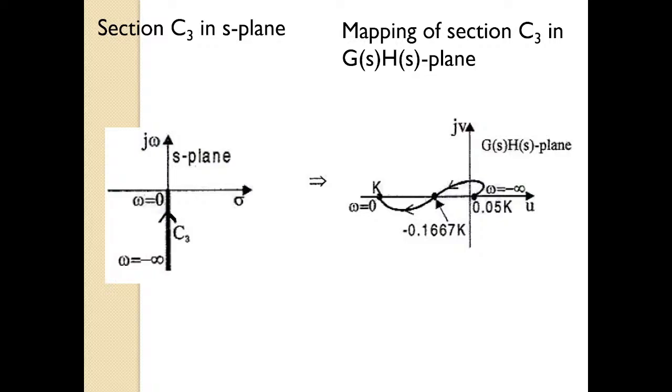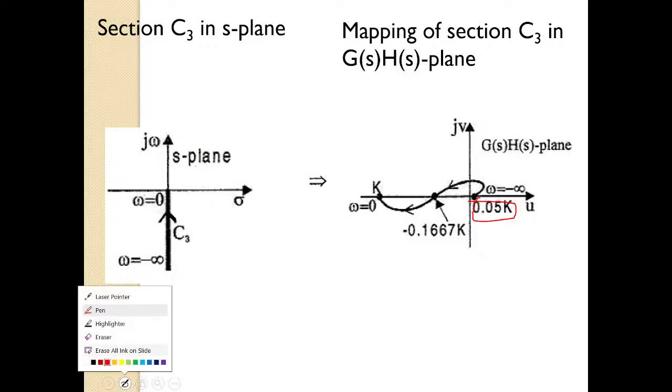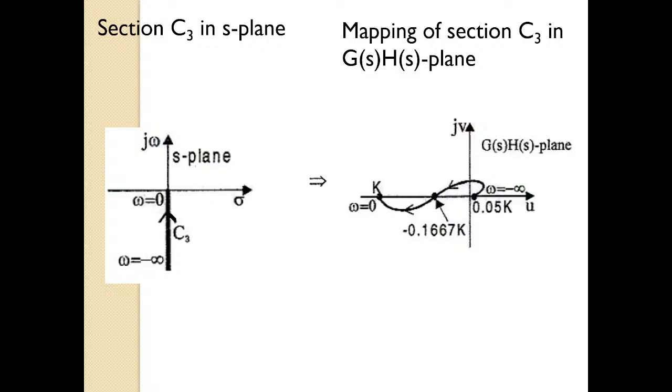Did you notice that for the first section, C1, when omega tends to infinity, you got 0.05K? And for the C2 section also, you got 0.05K, at the same location. So draw this mirror image quickly.